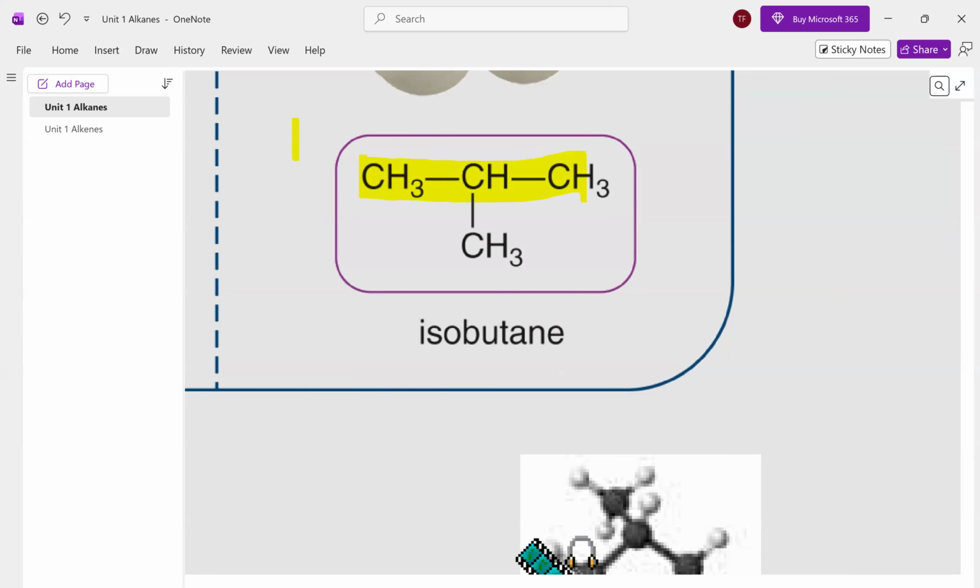That's the backbone. If the backbone has got four carbons in one branch, it's called isobutane. Iso.